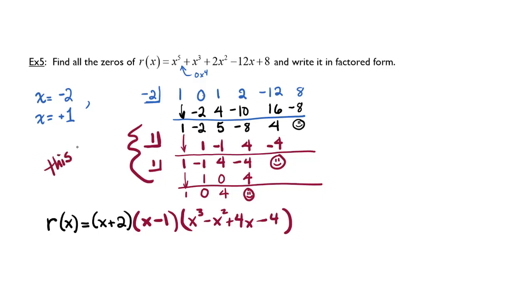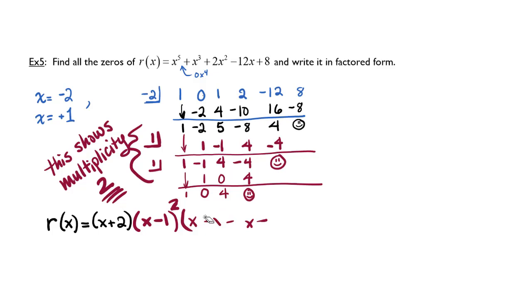This shows multiplicity 2. So I'm going to put a 2 on my x minus 1 binomial factor. I'm also going to erase what I had as my remainder and rewrite this as x squared plus 4.